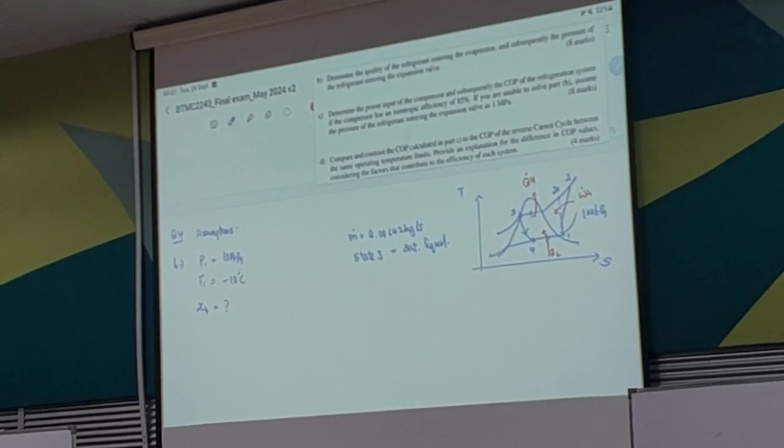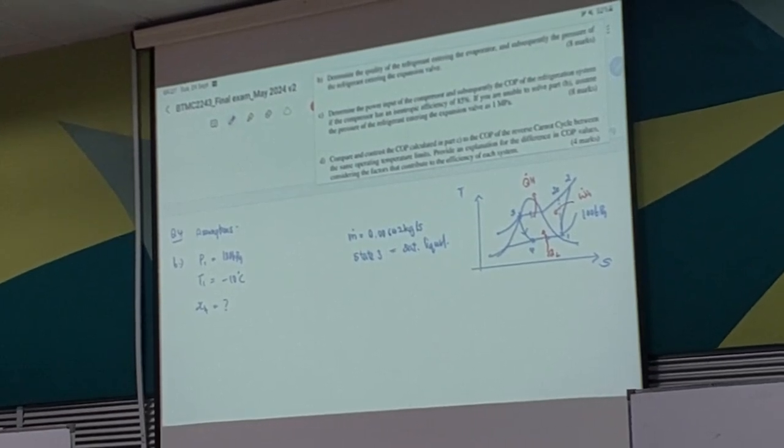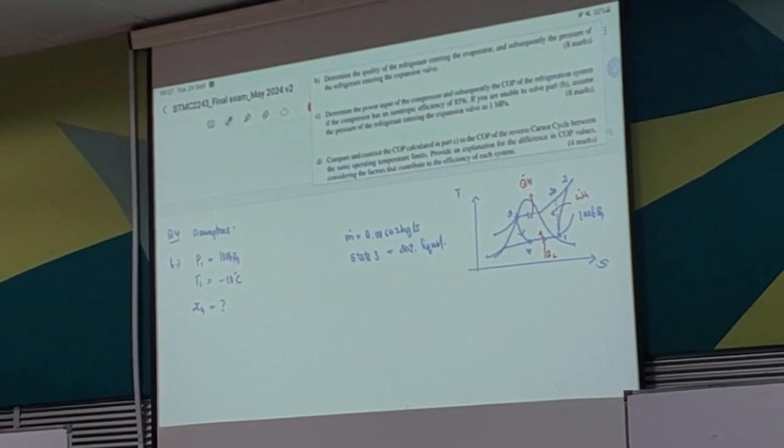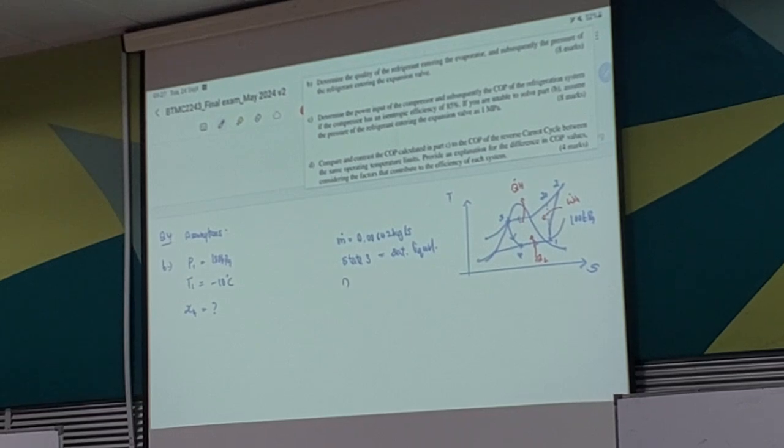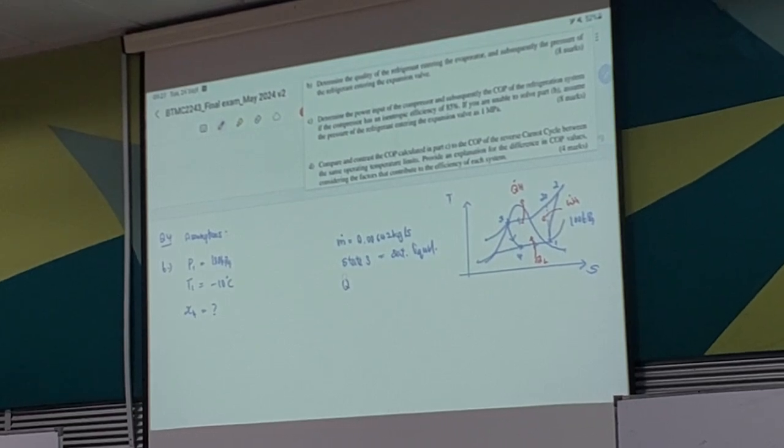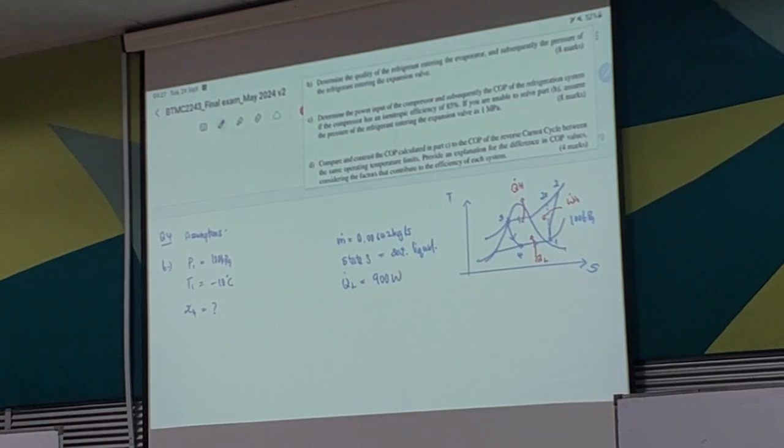I also missed out one piece of information here. Another piece of information that's given to you is that it is removing heat from the space at 900 watts. So meaning QL is 900 watt. So I missed out one more piece of information. Now we have enough information.